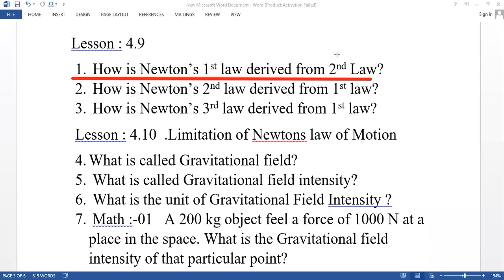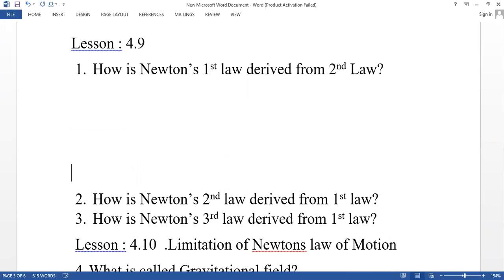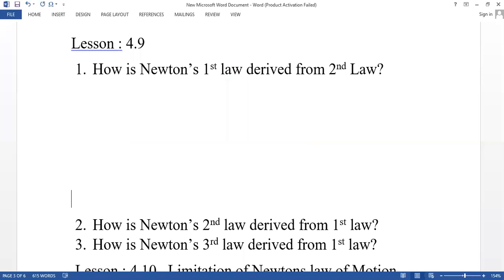So very easy, it is well known to you also, because in your previous class, in the secondary section, you have done this very well, but I am repeating again. How is Newton's first law derived from second law?